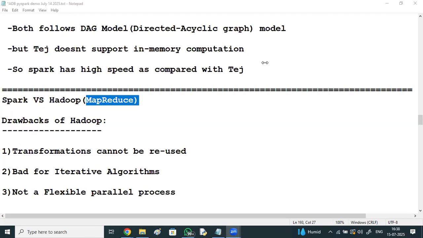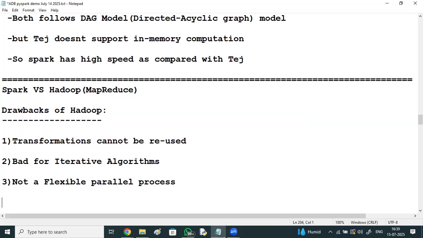Without executing the mapper, the reducer phase can't be executed. So that's why it's executing sequentially, not in parallel. That's why I'm saying it's not a flexible parallel process. Spark is 100 times faster.